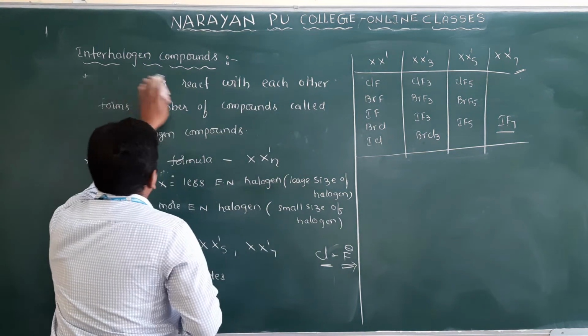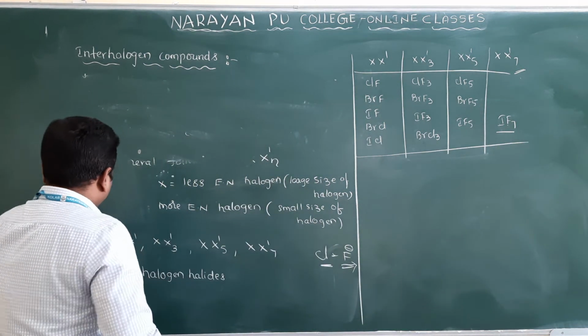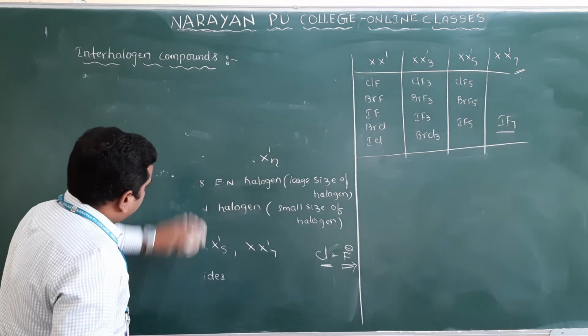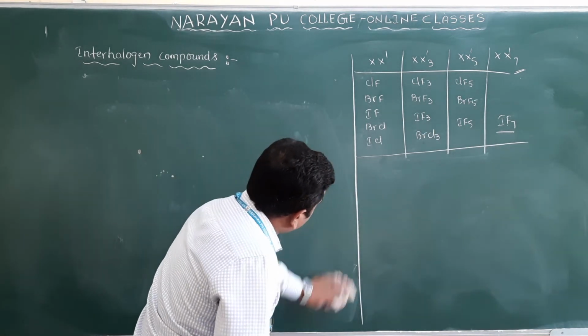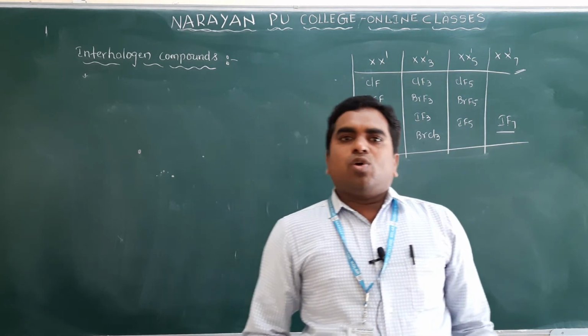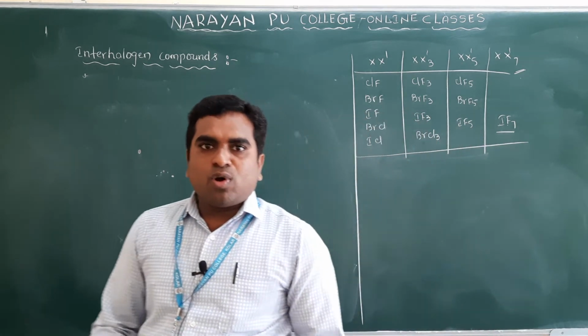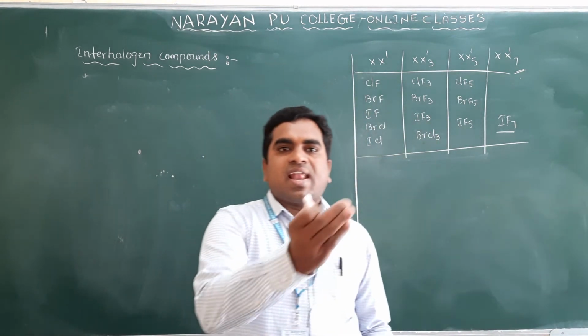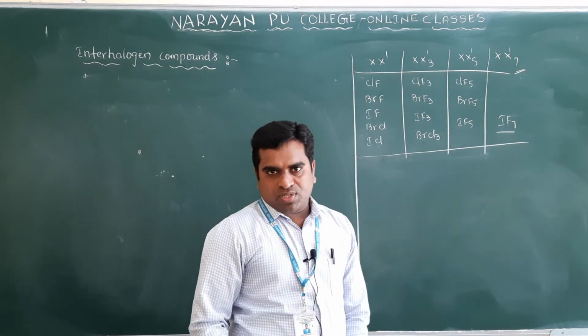Now we will discuss the preparations. First, put the heading here: preparation of interhalogen compounds. Clear? So how to prepare these interhalogen compounds? These interhalogen compounds are prepared either by direct combination of halogens, or by the action of a halogen on lower interhalogen compounds.